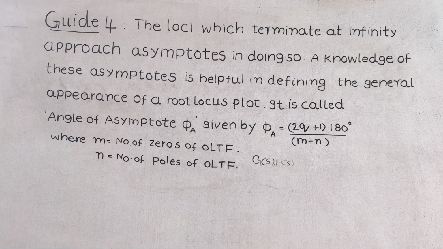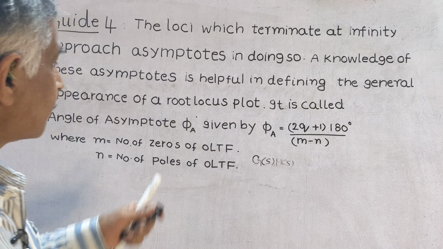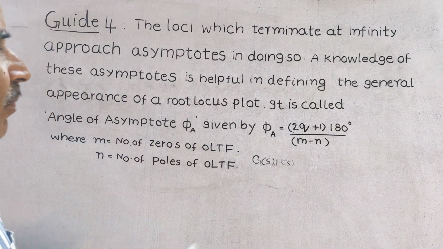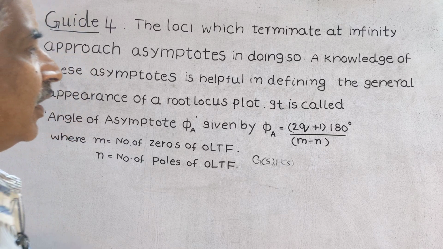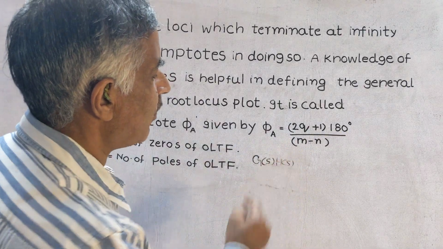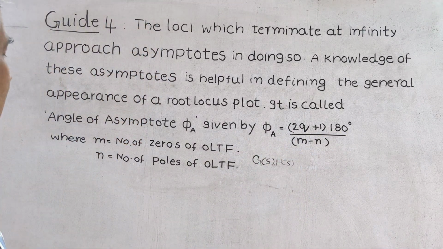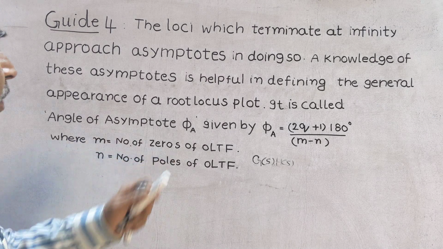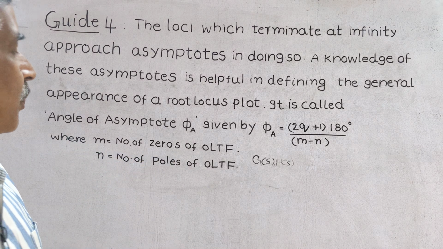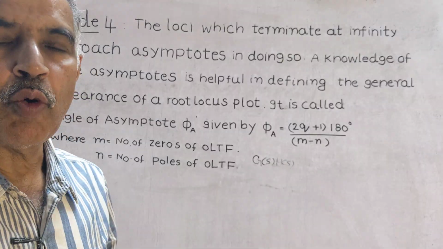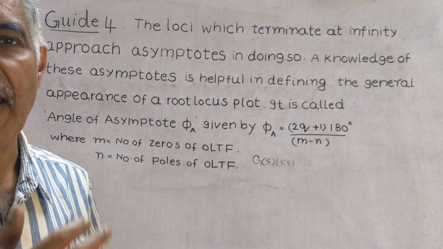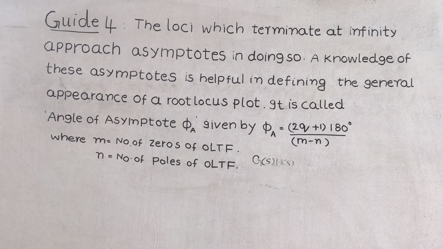It is called the angle of asymptote phi a, given by phi a is equal to (2q plus 1) into 180 degrees divided by m minus n, where m is the number of zeros of the open loop transfer function and n is the number of poles of the open loop transfer function. I will explain in detail.